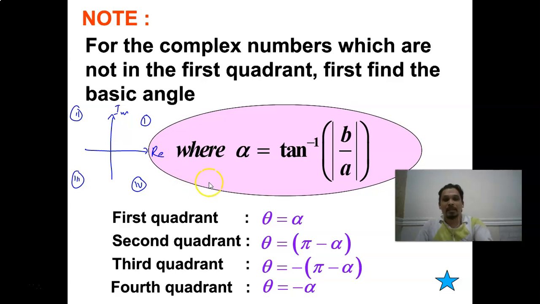Just imagine that this is the first quadrant, so this is the alpha. Pi represents the 180, so 180 minus alpha gives you here.